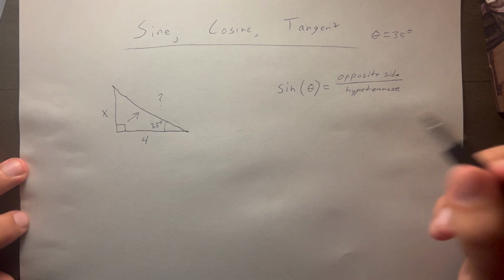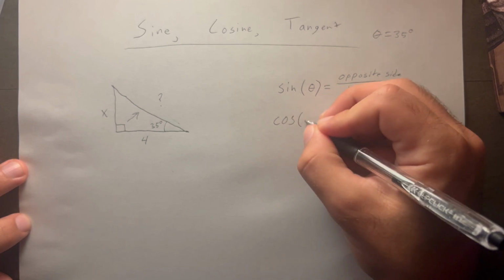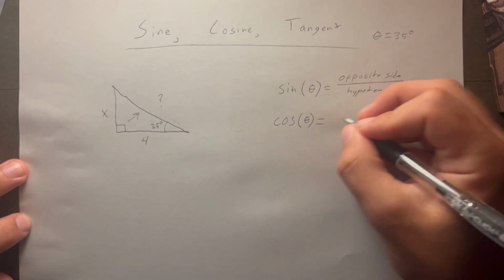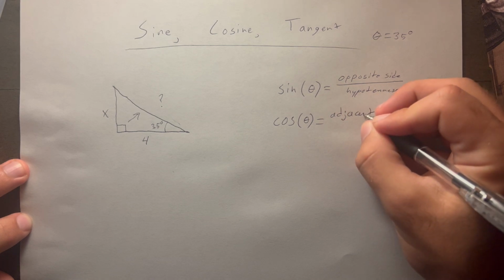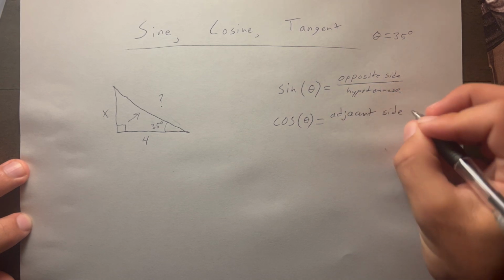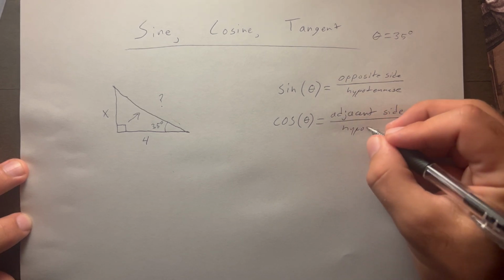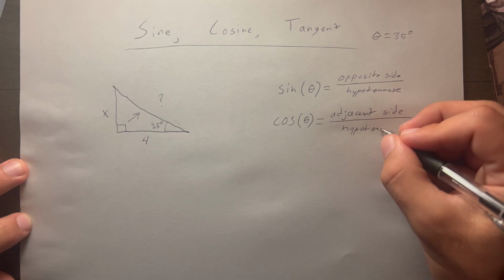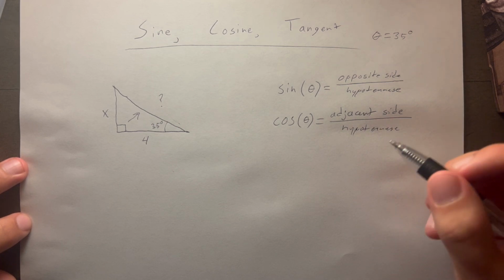Now the next one, cosine of theta equals the adjacent side length divided by the hypotenuse length. Okay, simple enough.